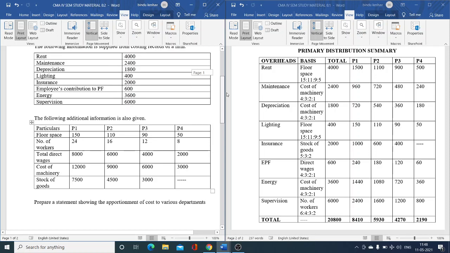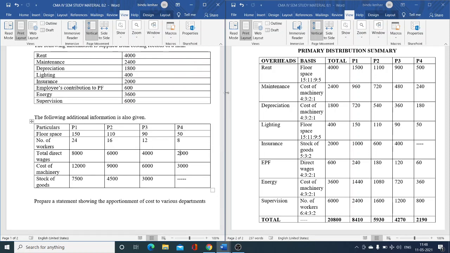The following additional information is also given: floor space, number of workers, total direct wages, cost of machinery, stock of goods. Prepare a statement showing the apportionment of cost to various departments.